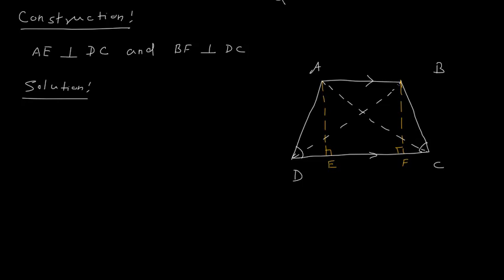Now you can prove triangle AED and triangle BFC as congruent, by angle angle side criteria. Now in triangle AED and triangle BFC, in these two triangles, angle D is equal to angle C. This is given.